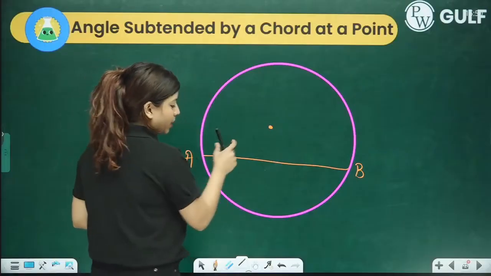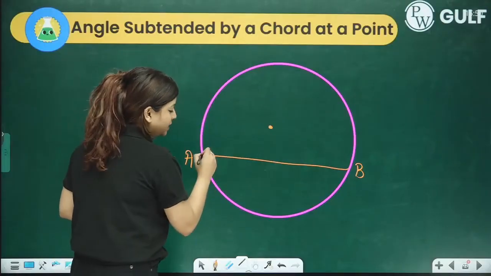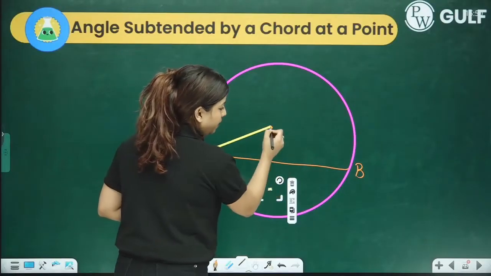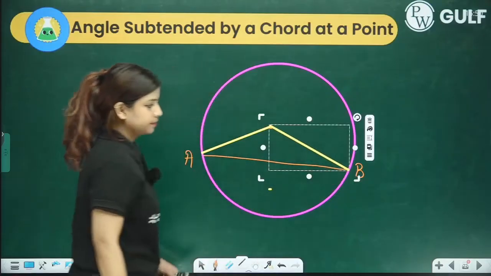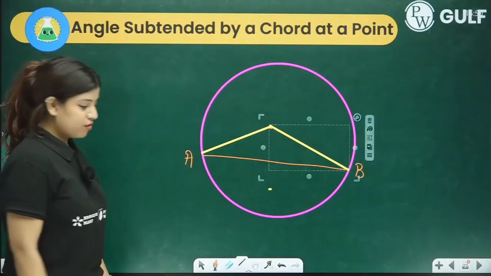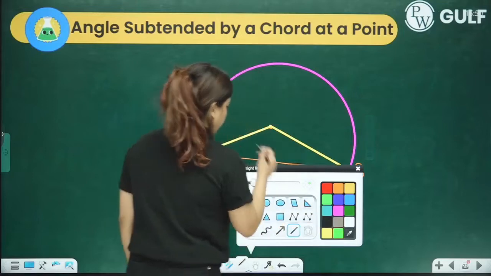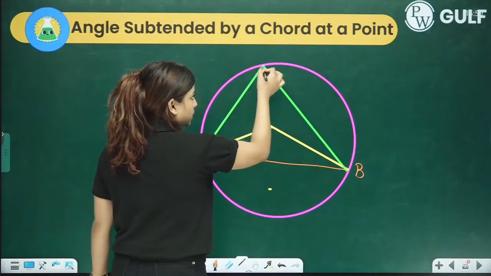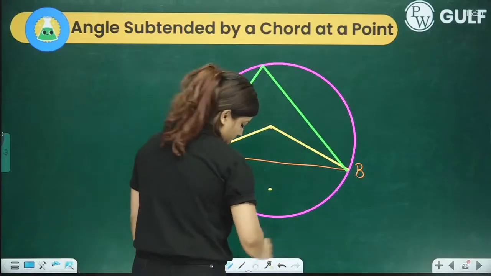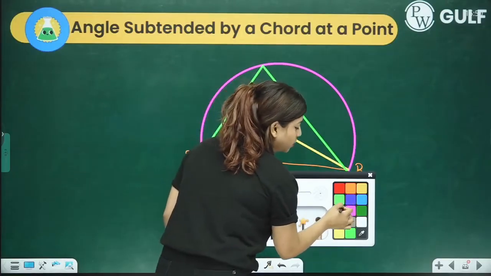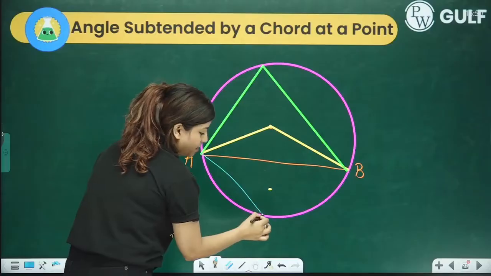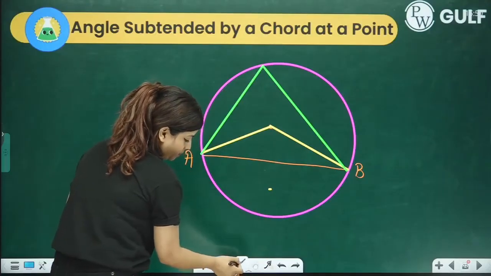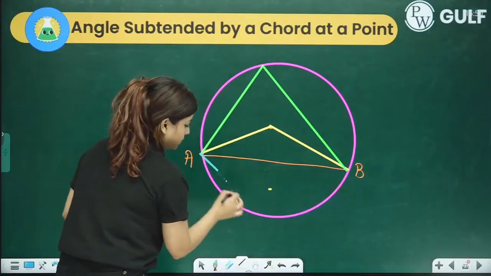For example, at the center, it can subtend this angle, students. The other angle which this chord can subtend is this angle. And the third angle which this chord can subtend in the minor segment is this one.